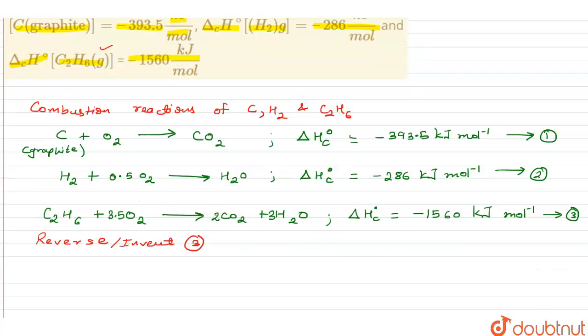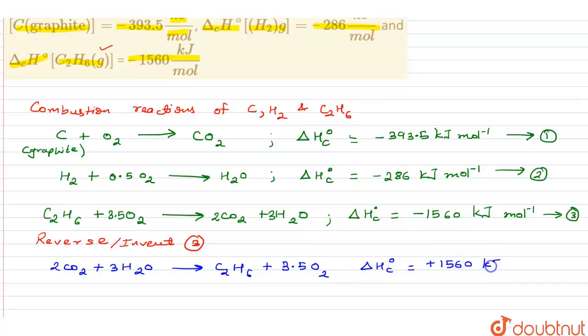On inversion, the new equation is 2 moles of carbon dioxide reacts with 3 moles of water to give me 1 mole of ethane and 3.5 moles of O2. Since the reaction has been inverted, the delta HC value will also be inverted, so it's going to be plus 1560 kilojoules per mole.